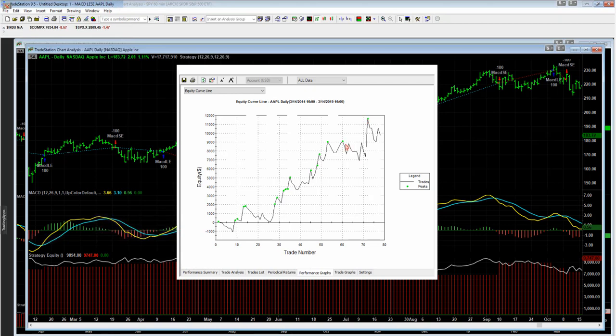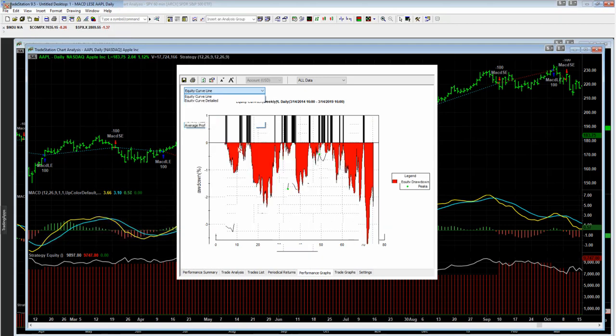How long can you stay in a strategy that is not making new profits? That's another thing we need to take into consideration: understanding the behavior of this strategy in relation to its underwater equity. This is a concept that Jack Schwager championed, and we actually have a chart that shows you that underwater equity.